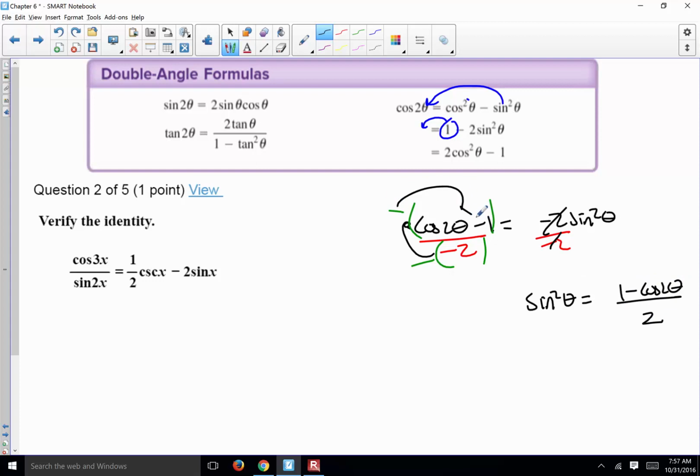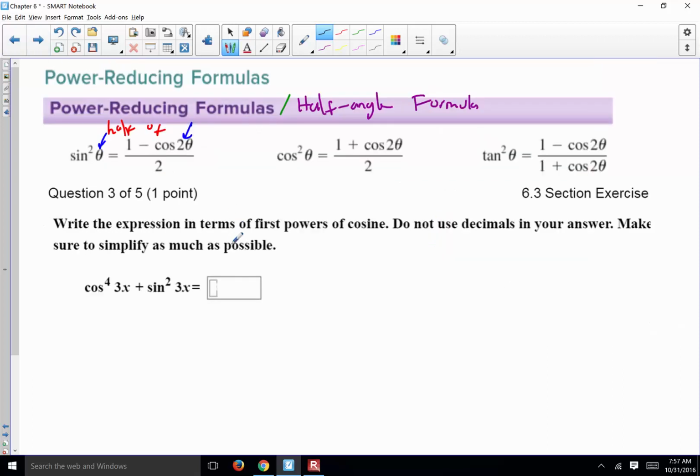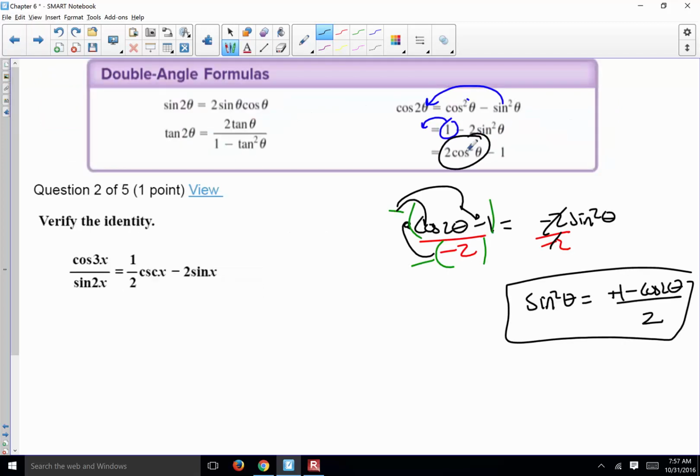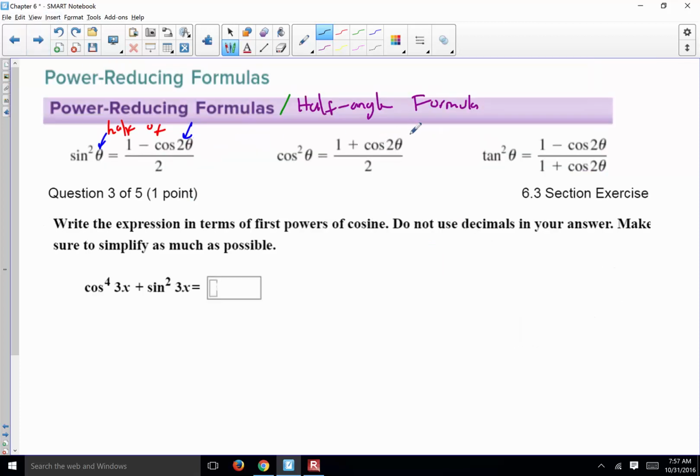Again, this becomes positive 1 here, and this becomes negative cosine there. So this is how you obtain sine squared. Guess what happens if you isolate cosine squared? If you solve for cosine squared, you get this one.